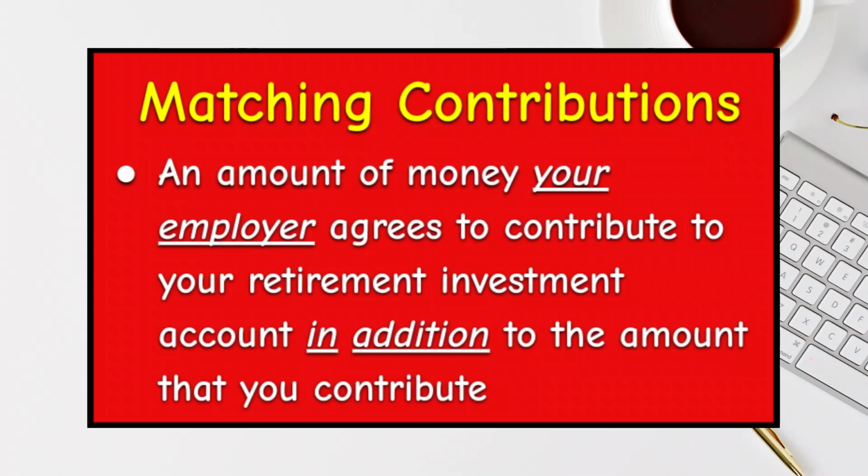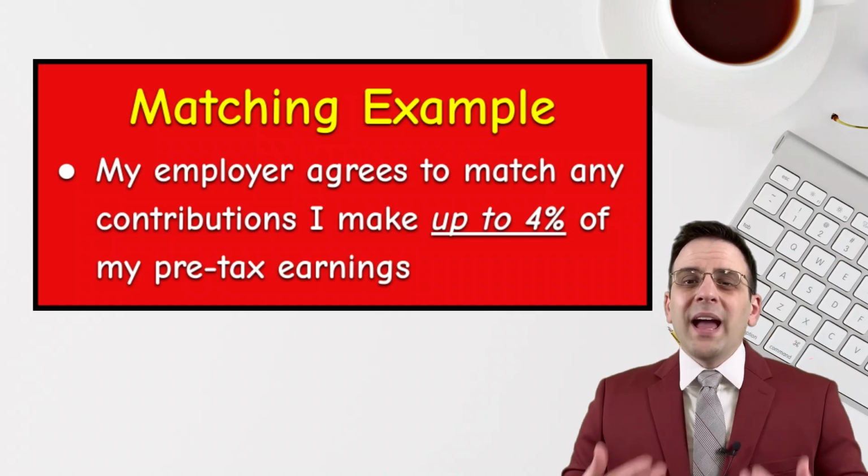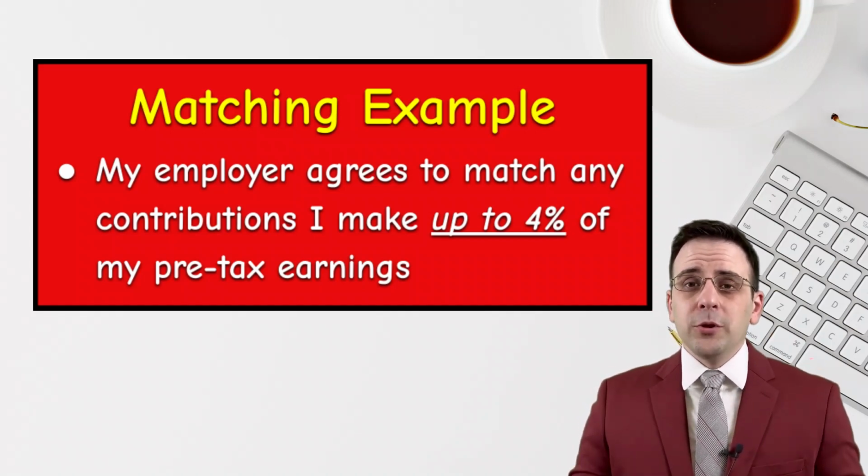Let's discuss those matching contributions. Some employers will contribute an additional amount into your retirement account in addition to the amount you contribute. For example, let's say my employer will match up to 4% of my earnings for the amount I contribute.